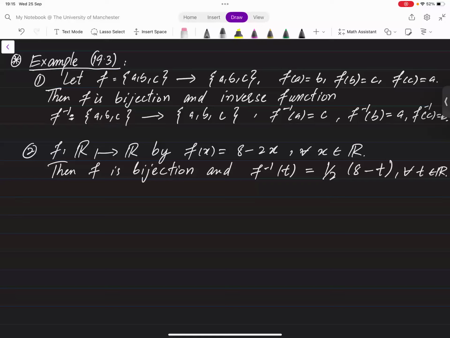So how do we find this inverse function? To find it, we need to write this. f of x is t, then t is 8 minus 2x. Then find the value of x.